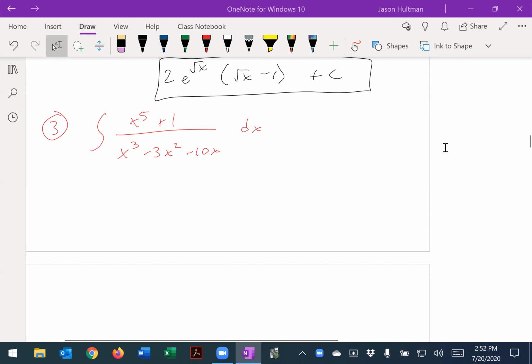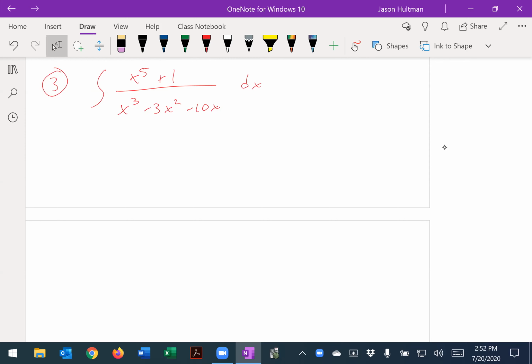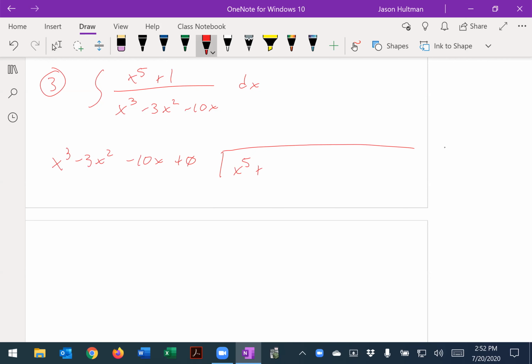Let's do x cubed minus 3x squared minus 10x plus 0, all into x to the 5th plus 0x to the fourth plus 0x cubed plus 0x squared plus 0x plus 1. Let's do long division here.